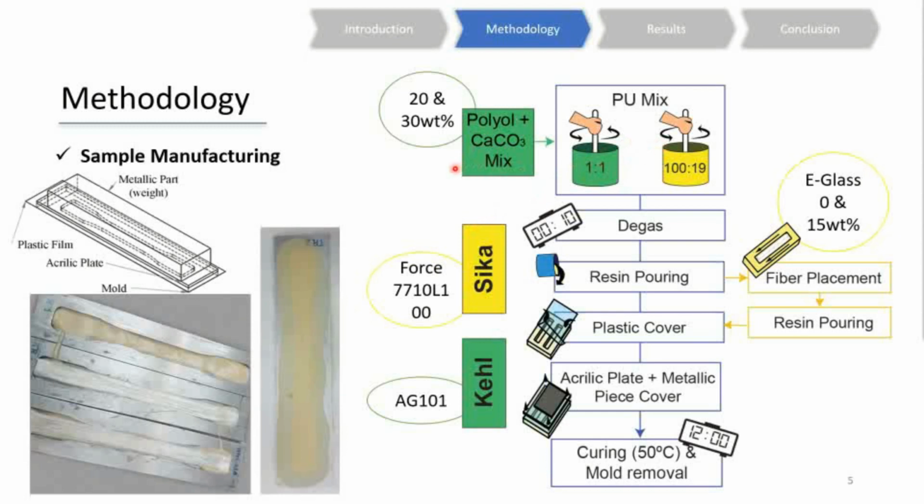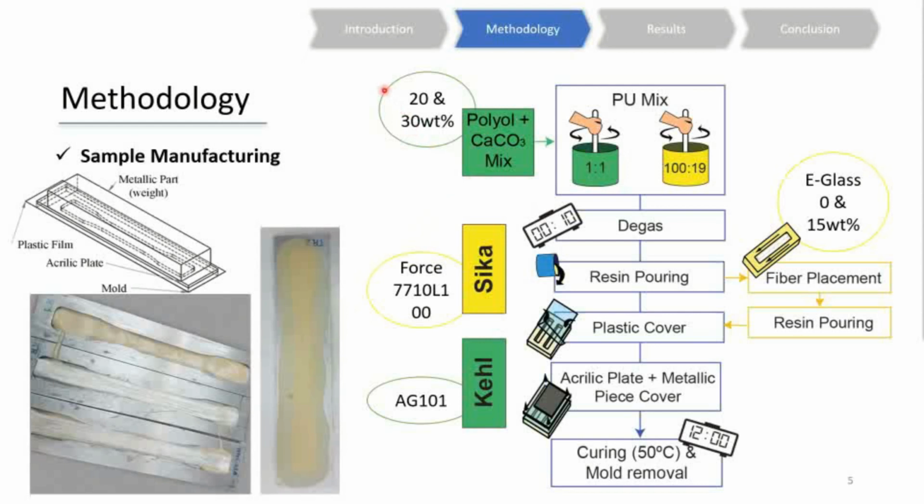For the Cal polyurethane, first we mixed the polyol with calcium carbonate, that is a particulate material that can be used as a reinforcement. And the amount of calcium carbonate inserted was enough to provide 20 or 30% of the final weight in the specimens.